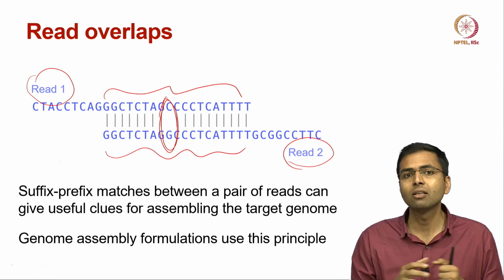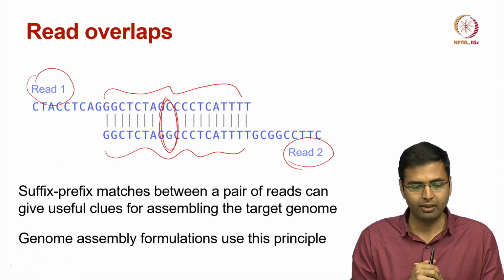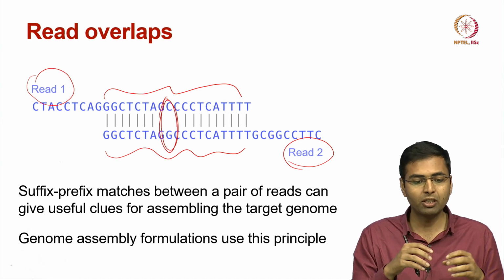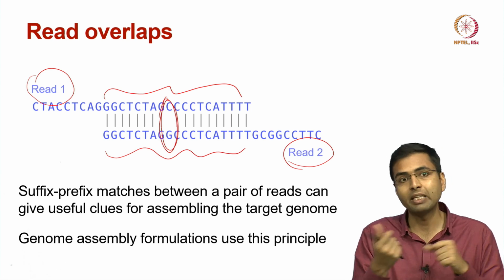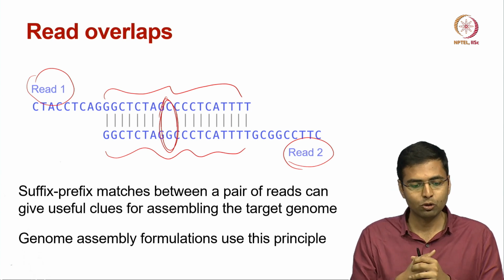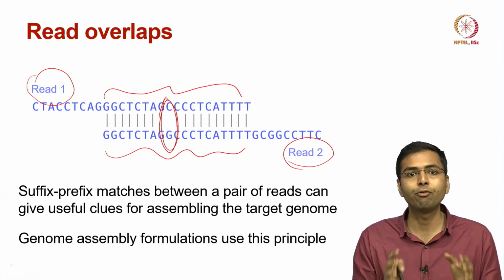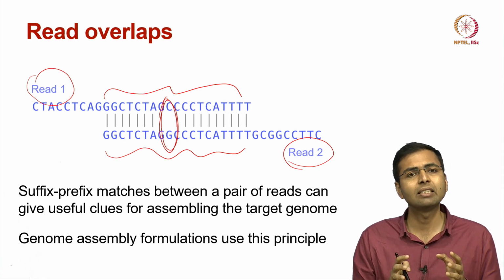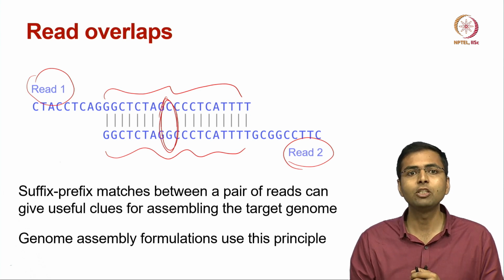But for this lecture we will assume that there are no sequencing errors. In practice, genome assemblers would typically try to correct these sequencing errors before moving to the genome assembly problem. So for the purpose of this lecture we will assume that the reads are error free, and we will look at some of the formulations that can be used for solving the genome assembly problem.